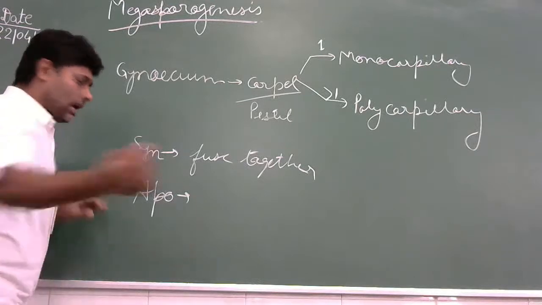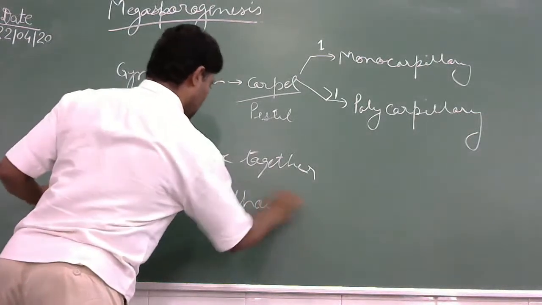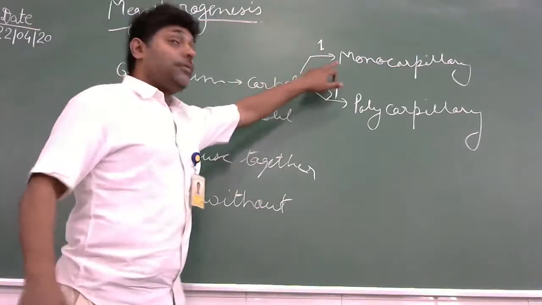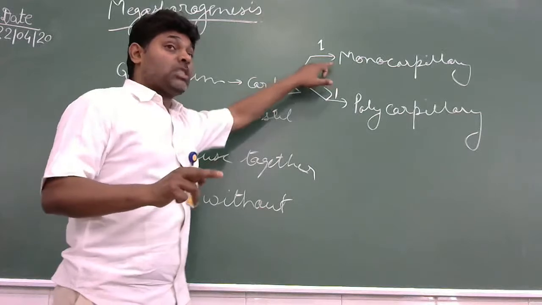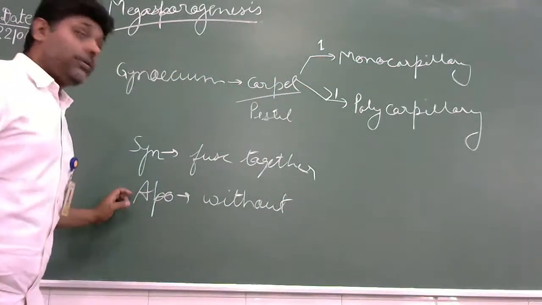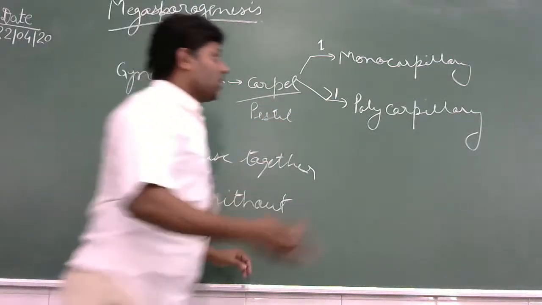Apo means without. If there is a single carpel, it is monocarpellary, then there is no case. And if it is more than one, then how many types of carpels will there be?